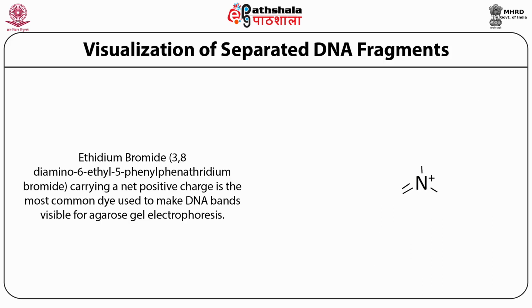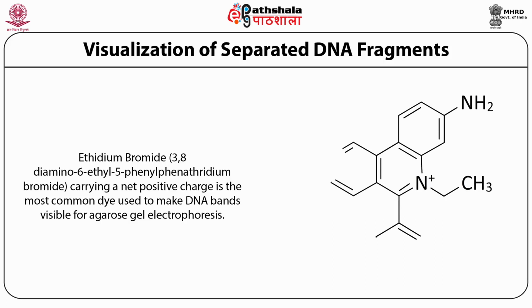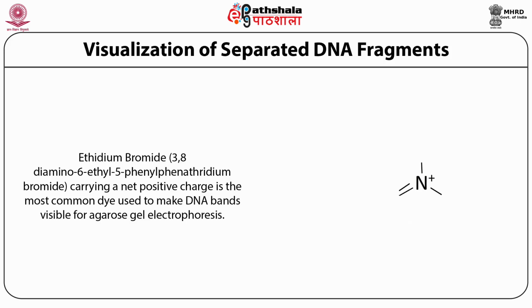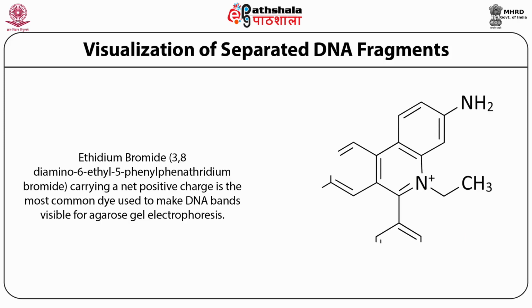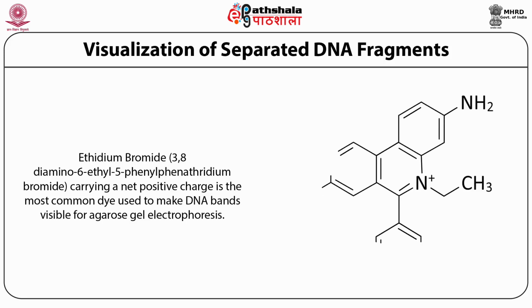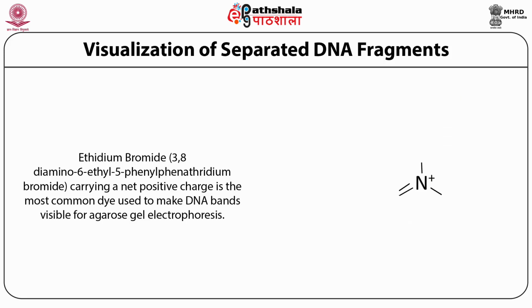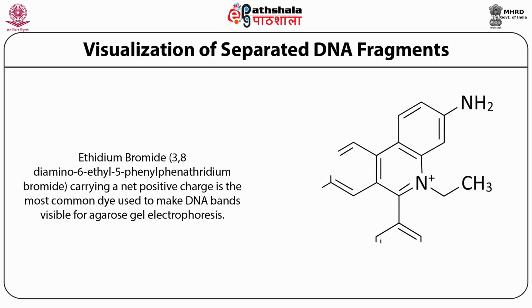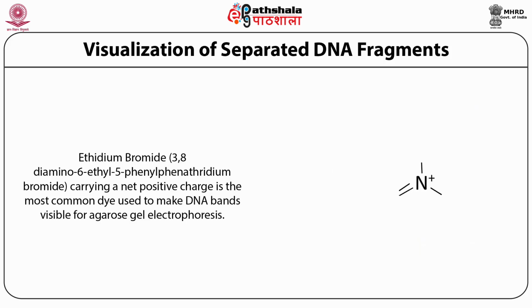Like most fluorescent molecules, ethidium bromide is aromatic in nature and has a core heterocyclic moiety generically known as phenanthridine. It has a planar ring structure and intercalates between the bases in the major groove of the DNA. It offers a sensitivity of up to 0.5 nanogram per band.